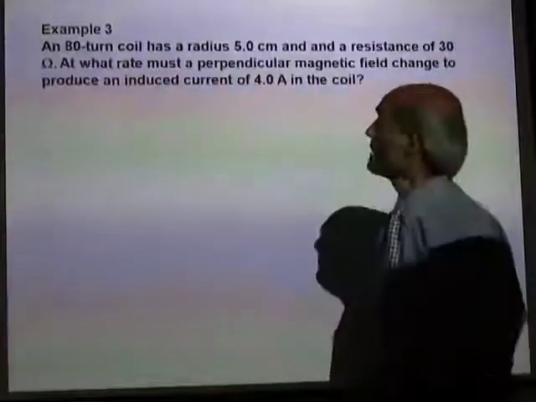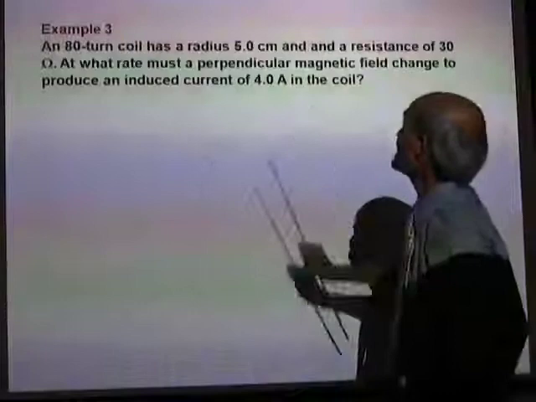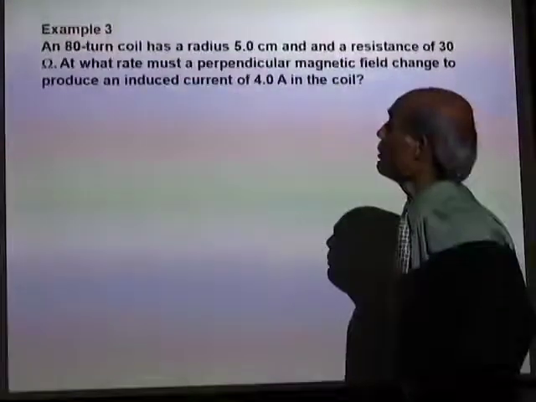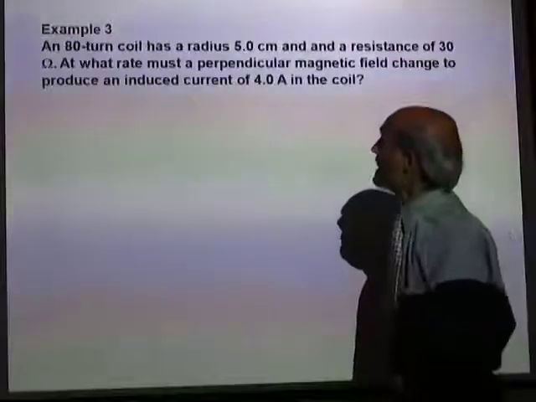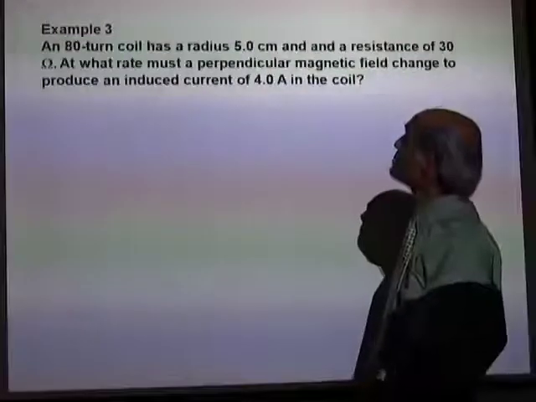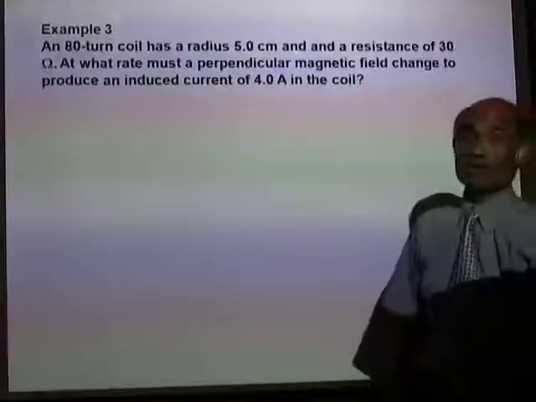Another one. An 80-turn coil has a radius of 5 centimeters and a resistance of 30 ohm. At what rate must a perpendicular magnetic field change to produce an induced current of 4 ampere in the coil?